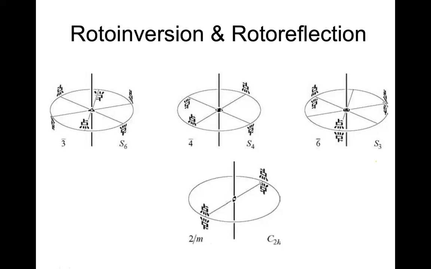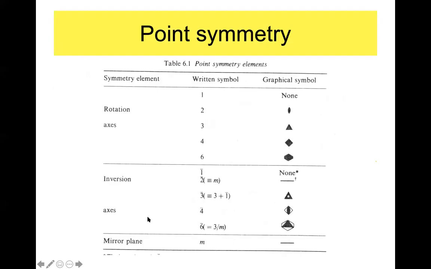Same way 3 bar, you can have a center of symmetry. One second. So yeah, and so on. Just repeating: 1 bar, 2 bar is equivalent to a mirror plane. If you do 2-fold rotation followed by inversion, this can be a mirror plane. 3 bar is nothing but 3-fold rotation and then inversion.